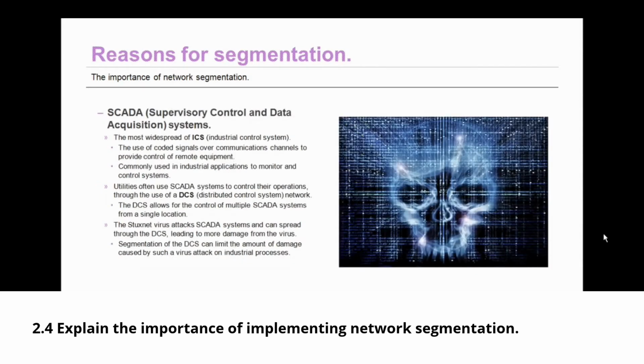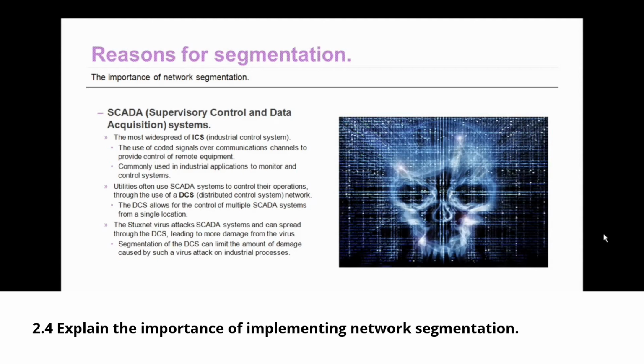A system that should be segmented are SCADA systems, or Supervisory Control and Data Acquisition systems. These are the most widespread of industrial control systems, or ICS. The industrial control system uses coded signals over communication channels to provide control of remote equipment.